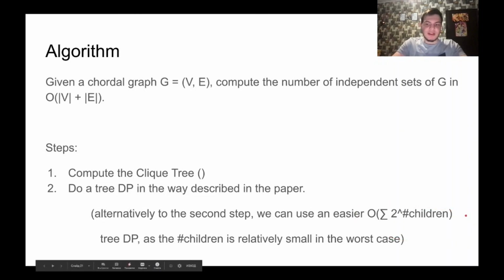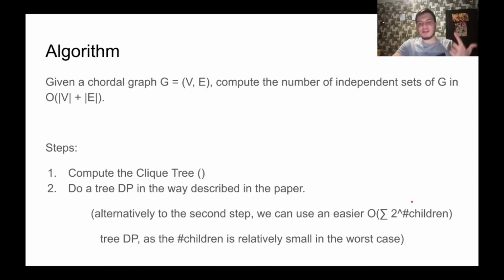Maybe you won't immediately realize why the number of children is of magnitude logarithm of n, but you can. One way to think about it is to try constructing the worst case for the solution.